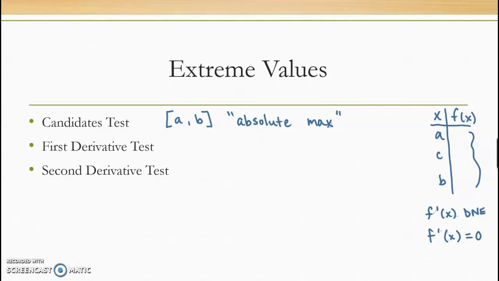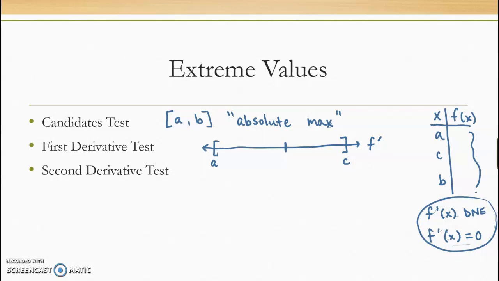That's the candidates test. The first derivative test is the one where you make a number line. And your number line is for the derivative. You have an end point, and then any critical points, which you find the same way by either setting the derivative equal to 0 or does not exist.